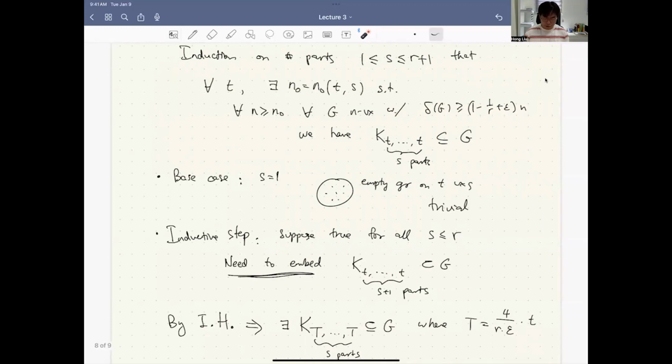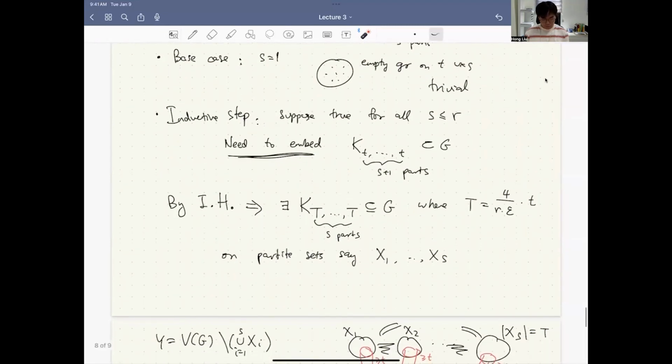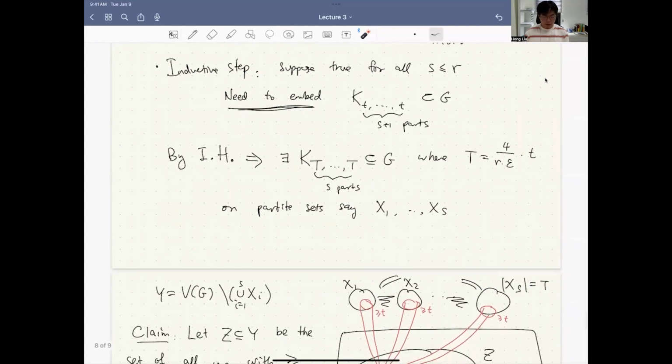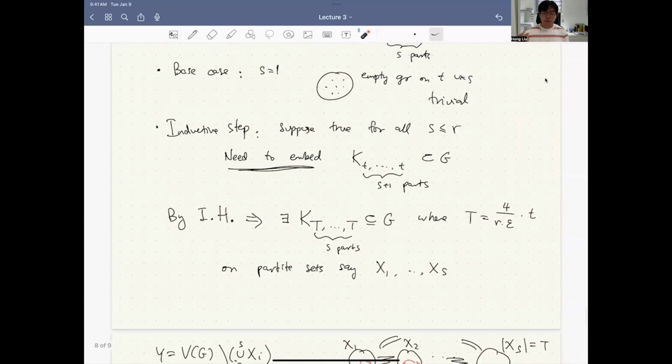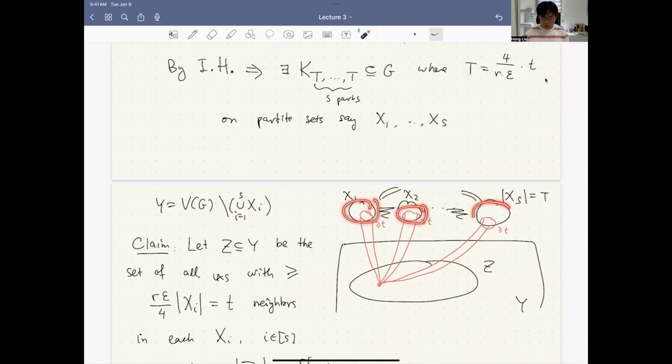The base case is trivial because when the number of parts is 1, it's just an empty graph. Inductive step: we want to build one more part, right? By the inductive hypothesis, we can already build s parts. Now we want to build s+1 parts for some s at most r.